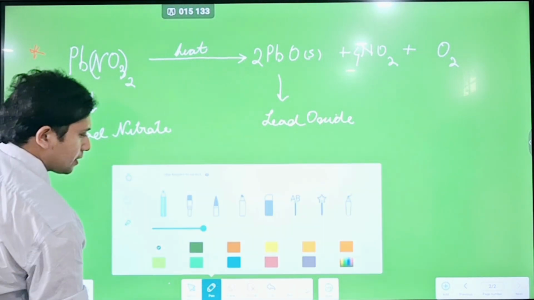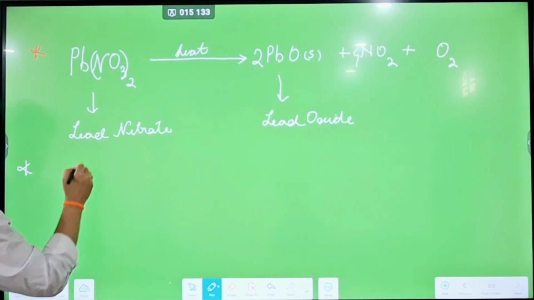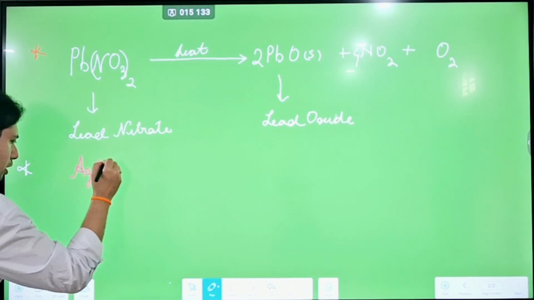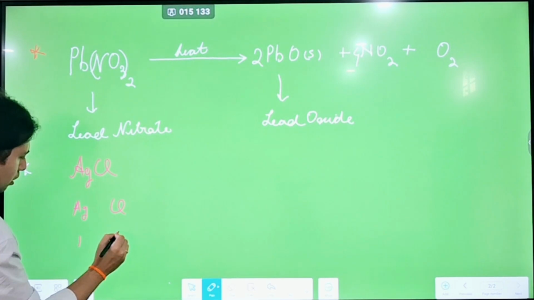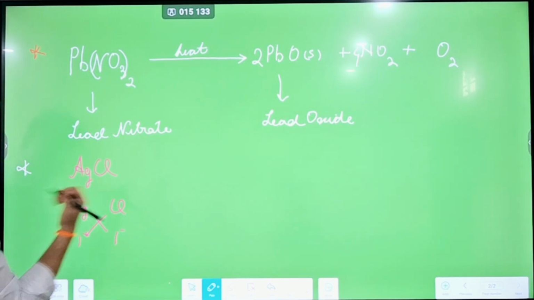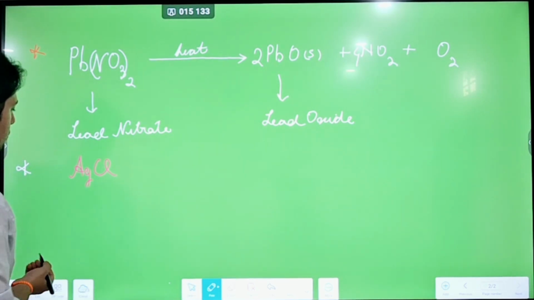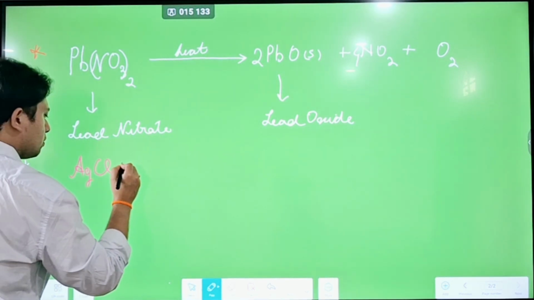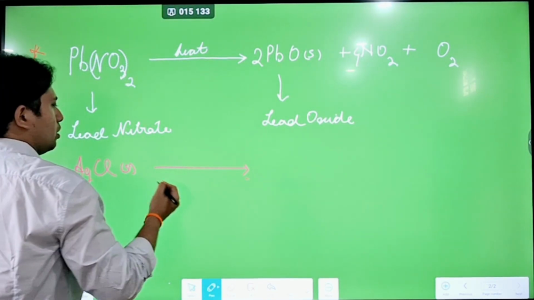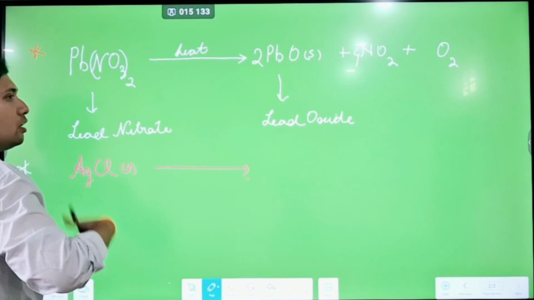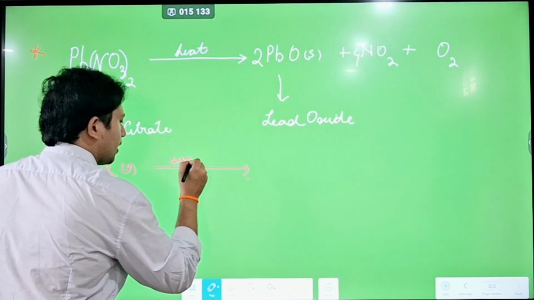So the next example, let us take silver this time. Silver chloride: silver power is 1 plus, chlorine power is 1 minus, crisscross, it becomes AgCl. So AgCl is a solid. Now in this reaction, decomposition of silver chloride will take place with the help of sunlight.